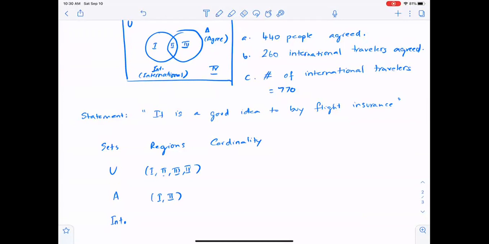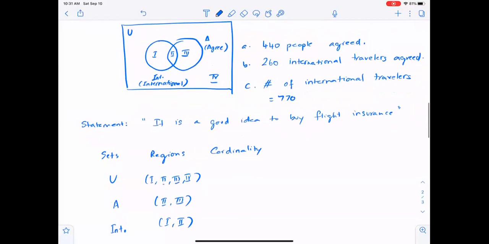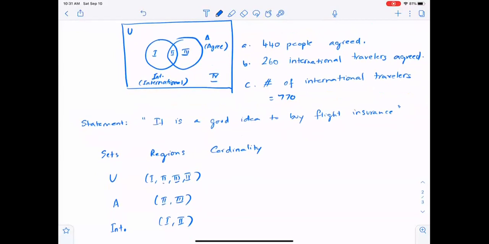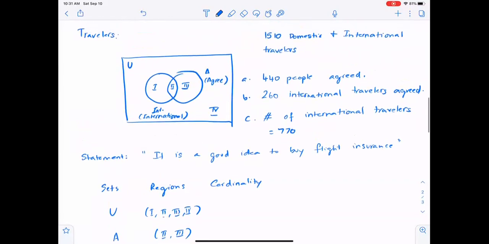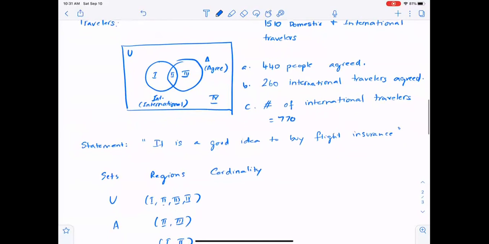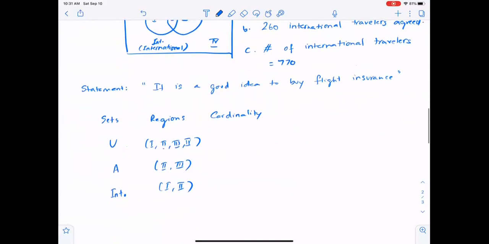Oops, my bad, I wrote it backwards. We can now write the cardinality. U would correspond to the set of all travelers. We have in total 1510.